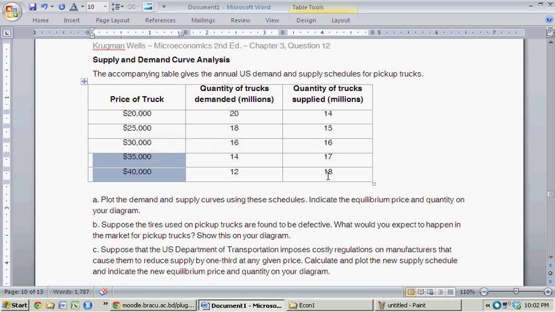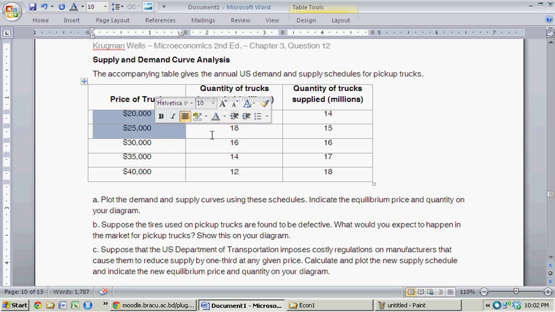When price is high, it's in the interest of the truck selling firms to decrease their price and bring it down closer to equilibrium. And with the price low and quantity demanded higher than supplied, there's an incentive for these firms to increase price to bring quantity demanded equal to quantity supplied.